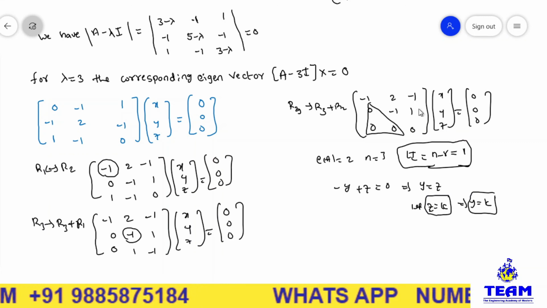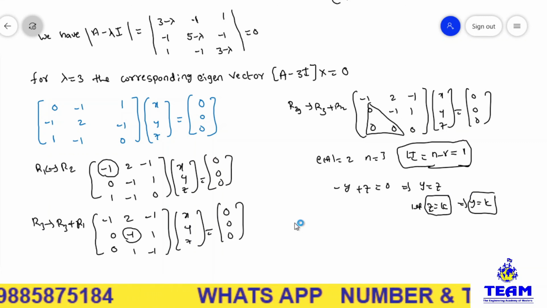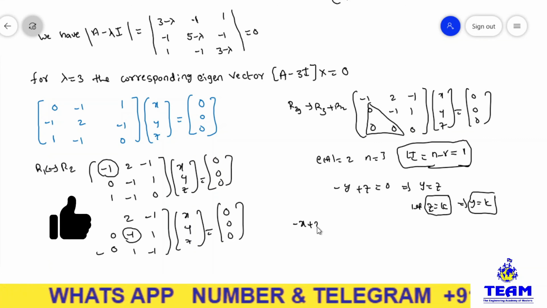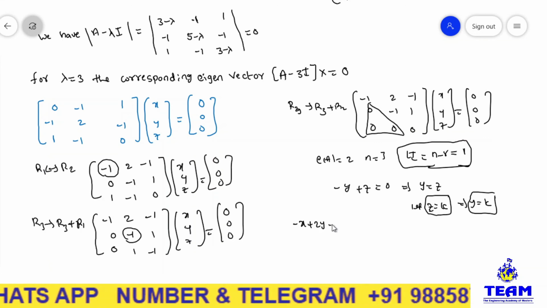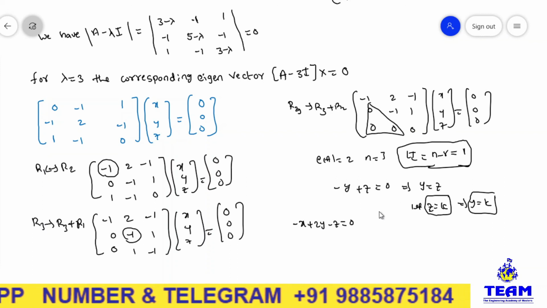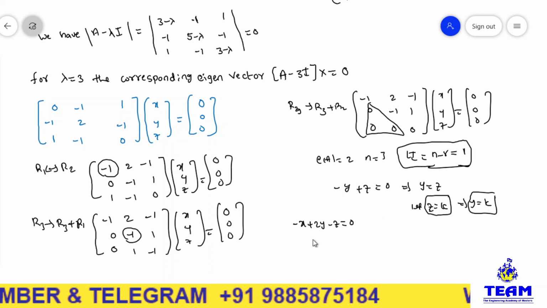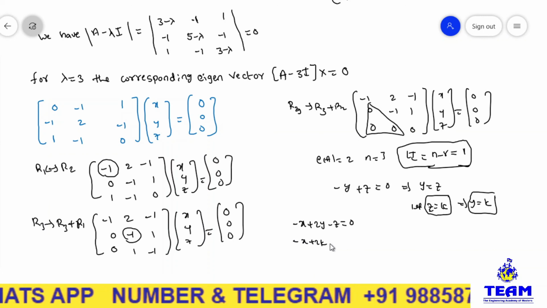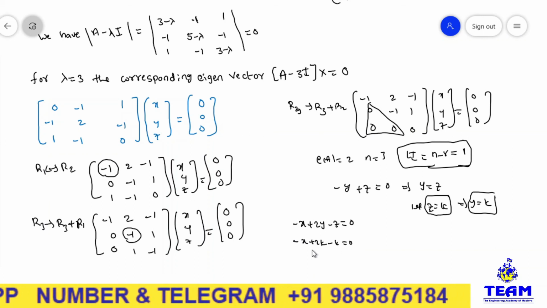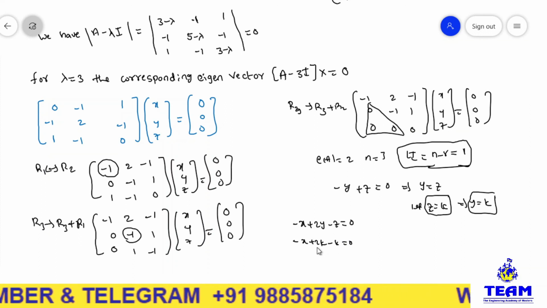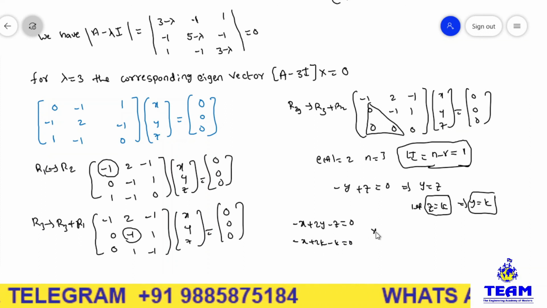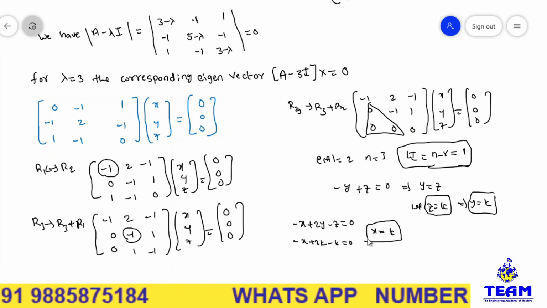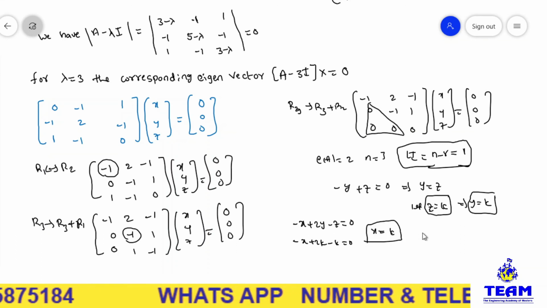Now again one more row is there. Multiply here. Then we will have minus 1 into x means minus x, 2 into y plus 2y, minus 1 into z minus z is equal to 0. Now we already know the values of y and z. So if we substitute, then minus x plus 2k minus k is equal to 0. So you will have x equal to k. So the x value, y value, z value are all k.